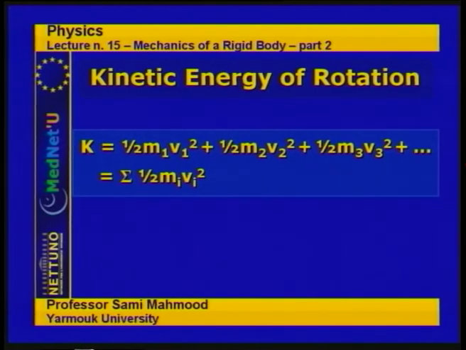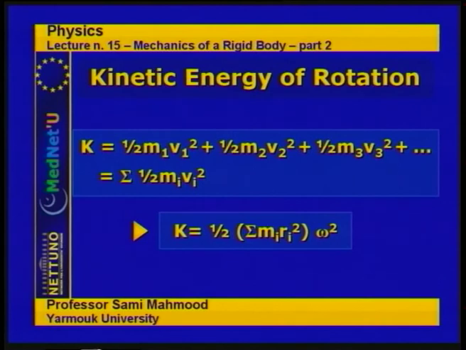And the kinetic energy is thus the summation over all the particles of the body of 1/2 m_i v_i squared, where m_i is the mass of the ith particle, and v_i is the magnitude of the velocity of that ith particle as it executes a circular motion.